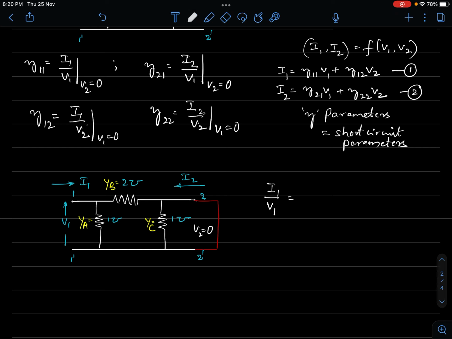So when they appear in parallel, the admittances are the sum, right? So I1 to V1, what is this I1 to V1? I1 to V1 we know is Y11, okay? This is at V2 equal to 0, right? So at V2 equal to 0, I1 to V1 ratio is simply YA plus YB.